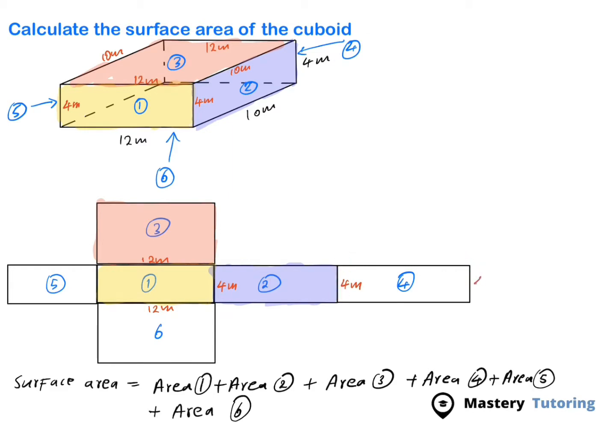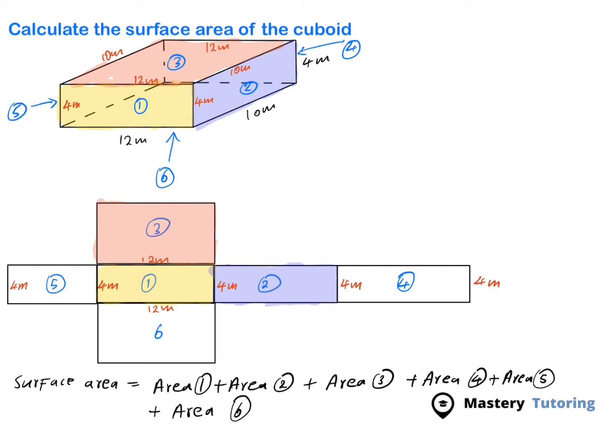Remember, it's a rectangle. So therefore, this is also going to be 4 meters. This is going to be 4 meters again, as we've already indicated on this shape. And then this one is going to be 4 meters as well, because remember, this side, the shape number 5, it's a rectangle. So therefore, opposite sides are parallel and equal. So this is 4 meters.